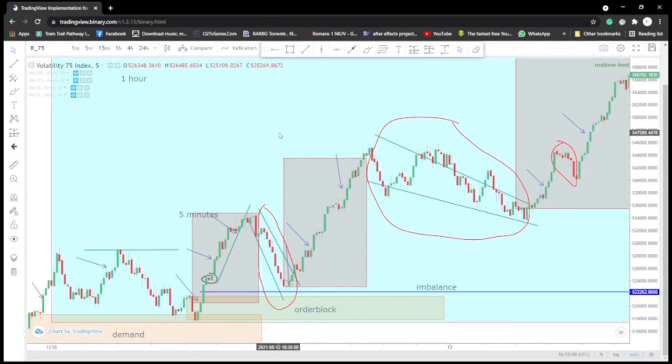So what is an imbalance, guys? An imbalance takes place when the price algorithm moves the market. This is where you're going to understand when I usually say that the buyers do not have control in the market. Even the sellers, there's no such thing as the buyers being in control and moving the market to the upside, and the sellers being in control and moving the market to the downside. You will understand that the market is moved by price algorithm.